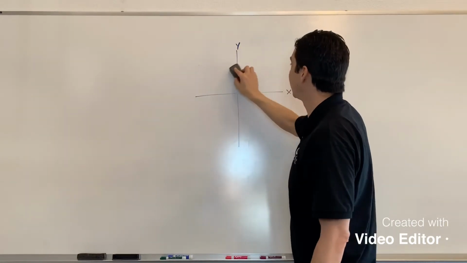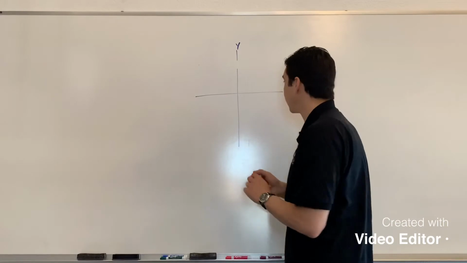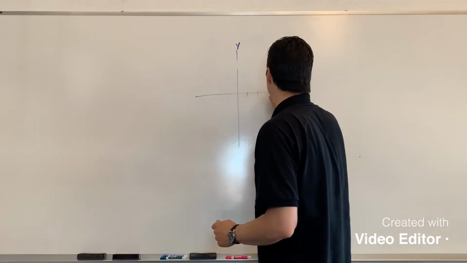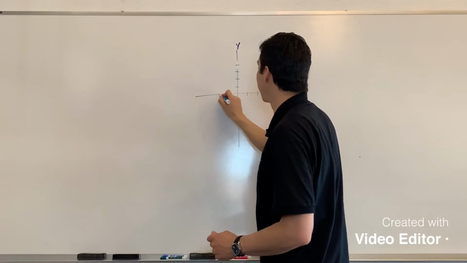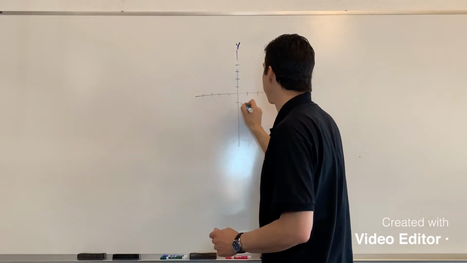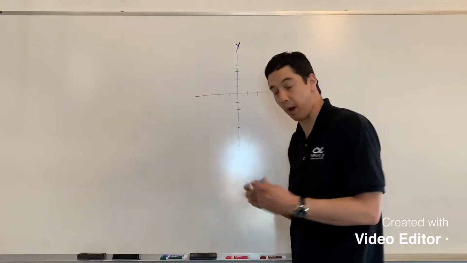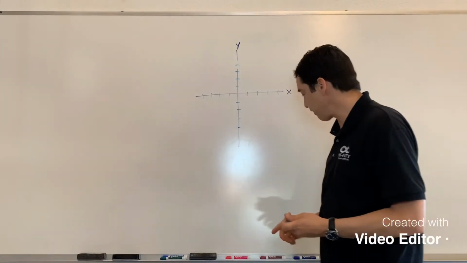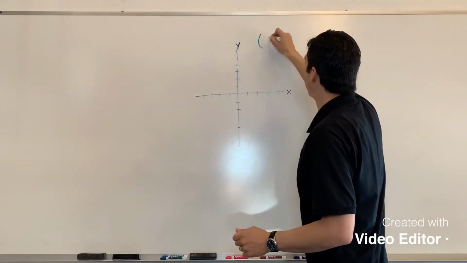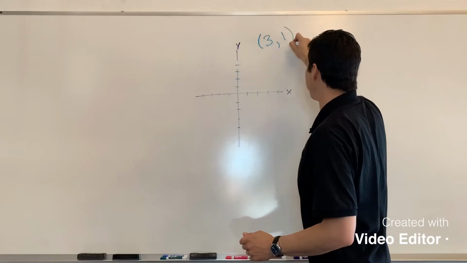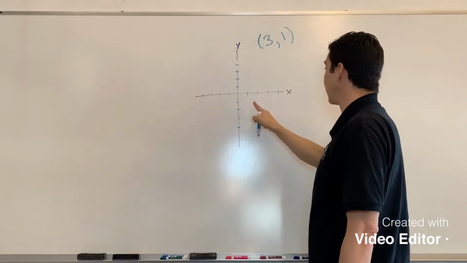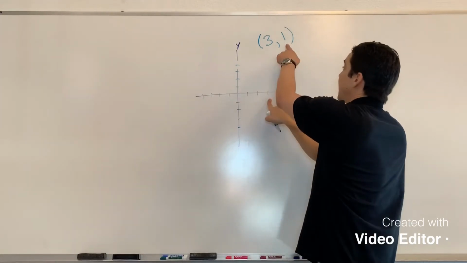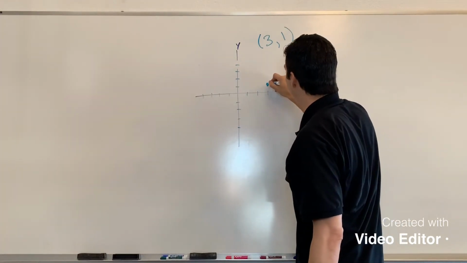But back to graphing the ordered pairs specifically. Now I don't have these all labeled, but I can throw some in there. How about 1, 2, 3, 4, negative 1, negative 2, negative 3, negative 4, on both axes. All right? If we have the point 3, 1, that means right 3, positive 3, 1, 2, 3, and then up 1, positive 1.